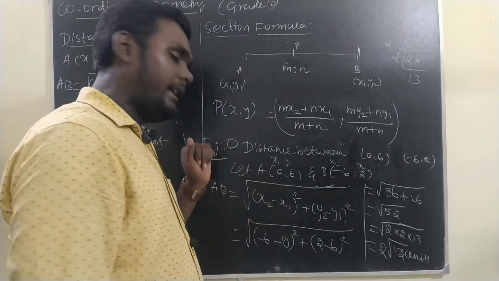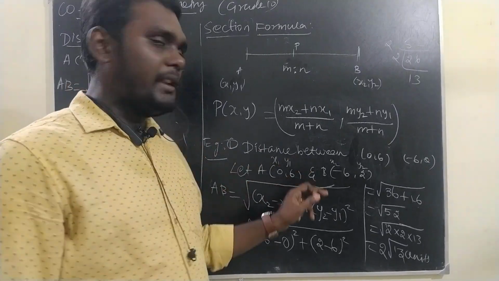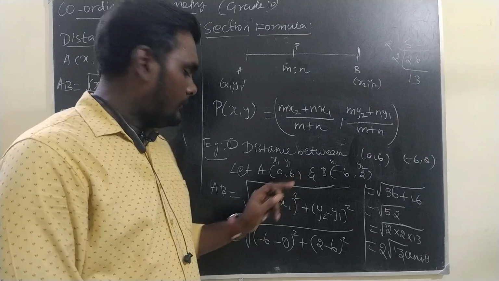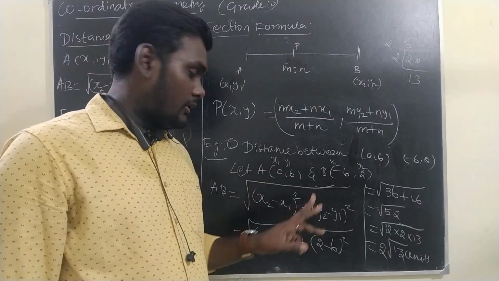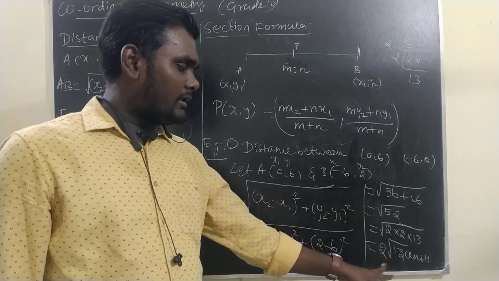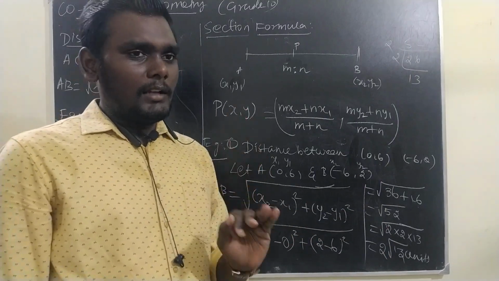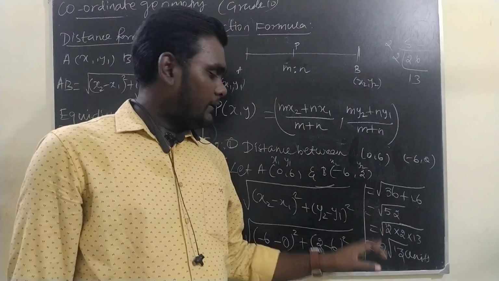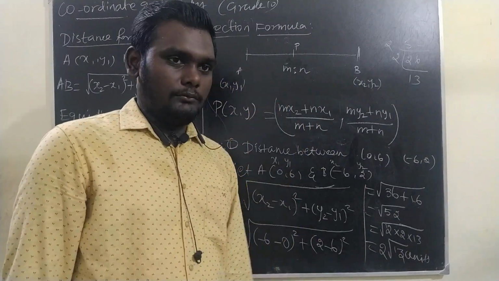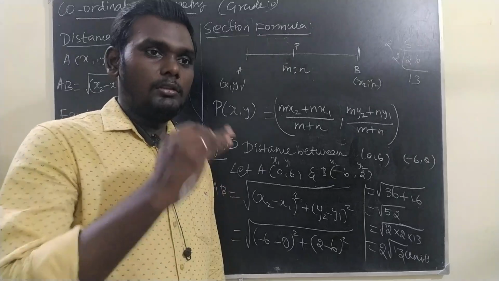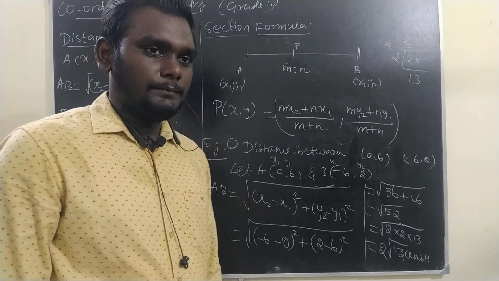After that we need to write to find the distance AB. After that you have to write the formula. Without writing the formula you should not proceed. After that substitution, calculation, at last the therefore statement. Therefore, the distance between A and B is 2 root 13 units. You should not write 2 root 13 alone. 2 root 13 units.